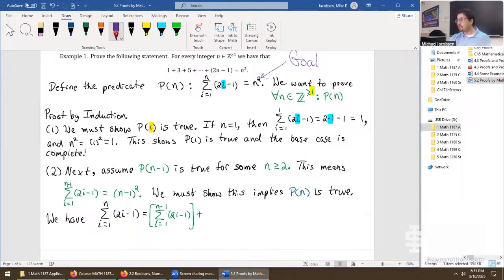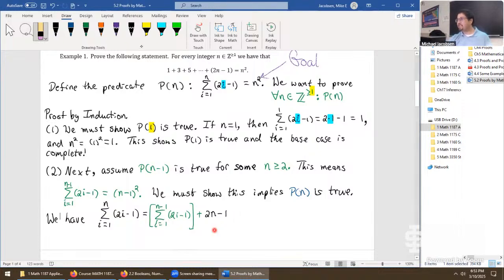Add to that, what will you get when you take n and plug it back inside here? That's the last part of the sum that we didn't directly use. So the final term is 2n minus 1. Actually, this time it's not an i, because now we're plugging in the last part of the summation, n, and it directly replaces the i in the index of the summation.